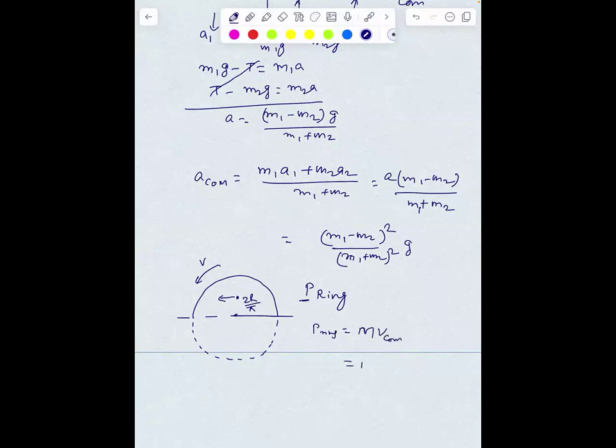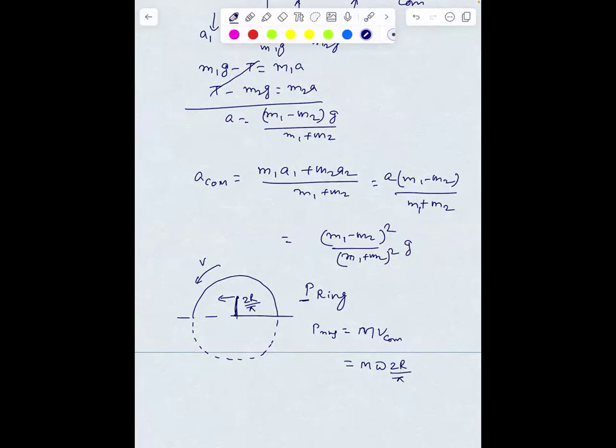But you know that v can be written as omega into r. I'm writing omega into r. R is what? Which distance? I'll take this distance, guys, the effective distance, which is 2r by pi.